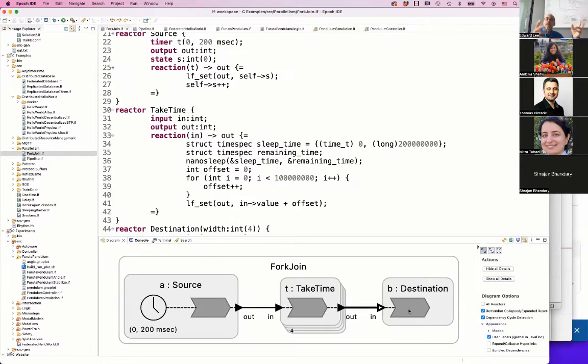There's more elaborate patterns that have a less simple structure, but they have the same sort of property where there's a fan out of work to be done, followed by a collection of results. Okay, so MapReduce is another pattern that has that kind of character.